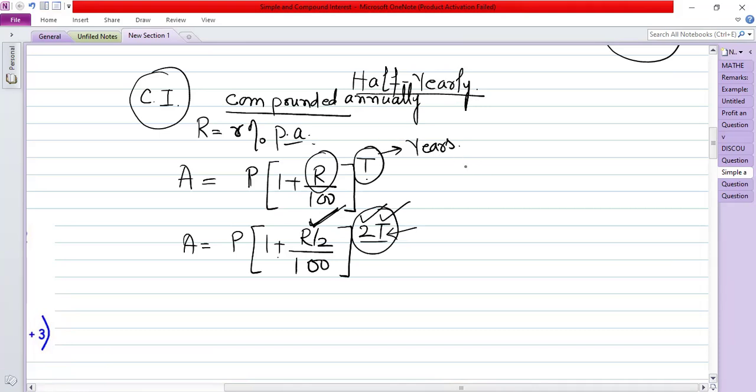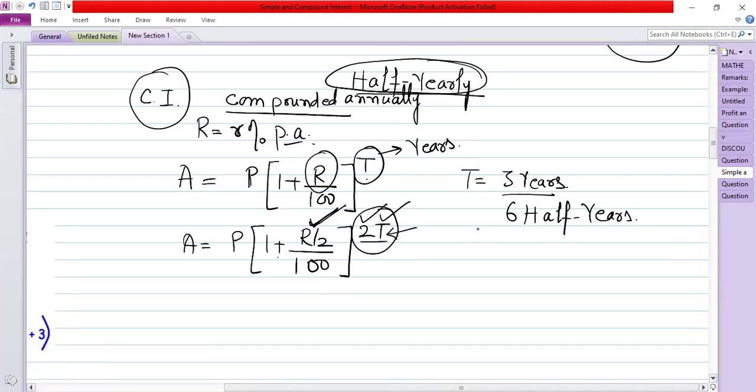For example, say T is given to be 3 years. Now in 3 years, how many half years are there? The half years are six. There are six half years. So the rate will become half. Suppose the rate is given to be 10% per annum, and the compound interest is to be calculated half yearly.